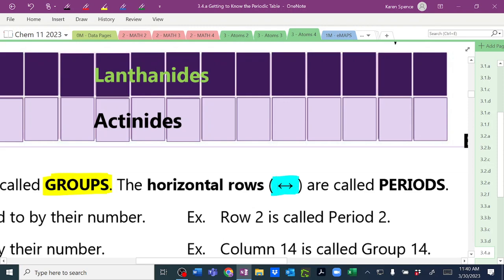Rows are called periods. Okay, so horizontal rows are called periods. So for example, row number 2 is called period 2. Row number 3 is called period 3. Row number 7 is called period 7.